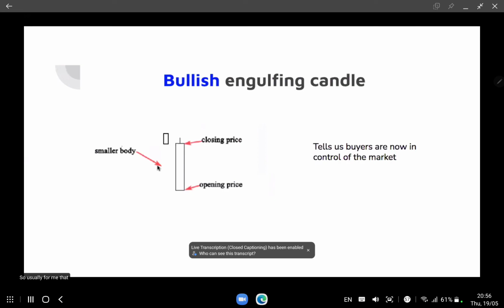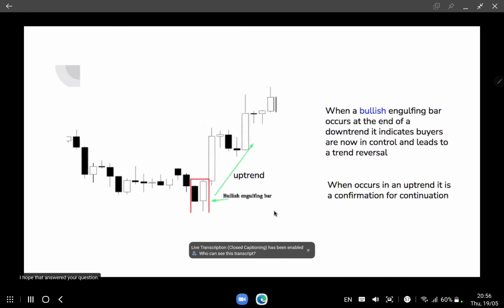Usually for me, that means that it may have been a 3 candle pattern when that happens, because it's spaced up like that. But I like to have it sitting within, like any one of these criteria. Sometimes you will see where it's like this. It's still bigger than the previous. It's just not sitting in there. It's still engulfed it. I hope that answered your question.